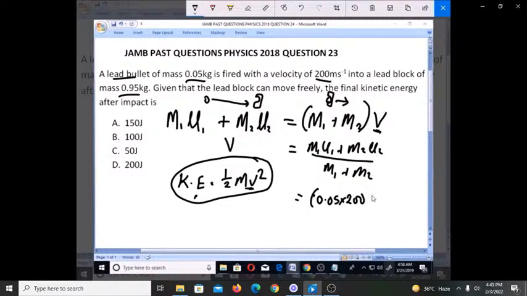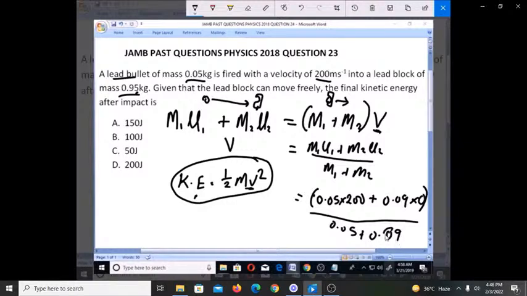Then plus M2, which is 0.95, times U2. This bullet went into this block, and the block was not moving initially, so U2 is 0. All over M1 plus M2, which is 0.05 plus 0.95.